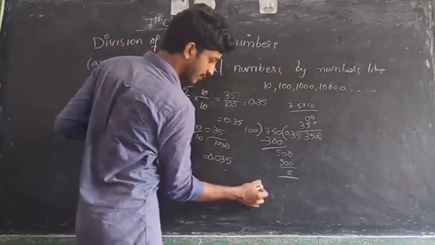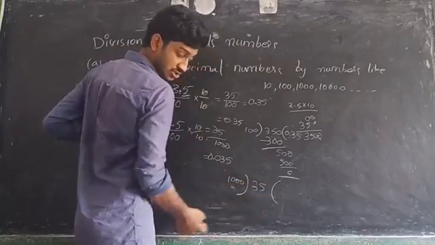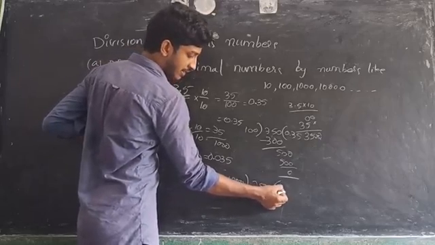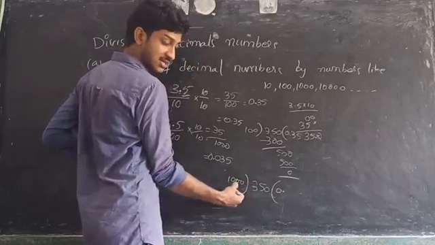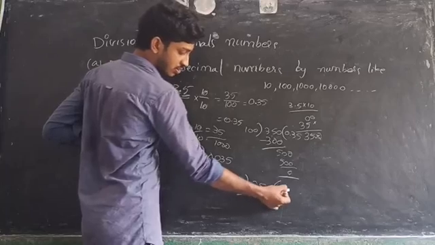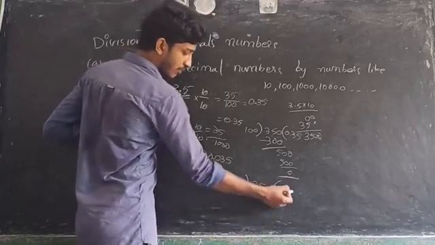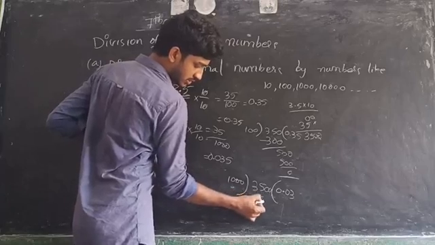Or divide it. 35 divided by 1000. 35 is less than 1000, so I am adding 0 here and the decimal point here. 350 is also less than 1000, so I am adding another 0. So how many times? 3 times, 3000.